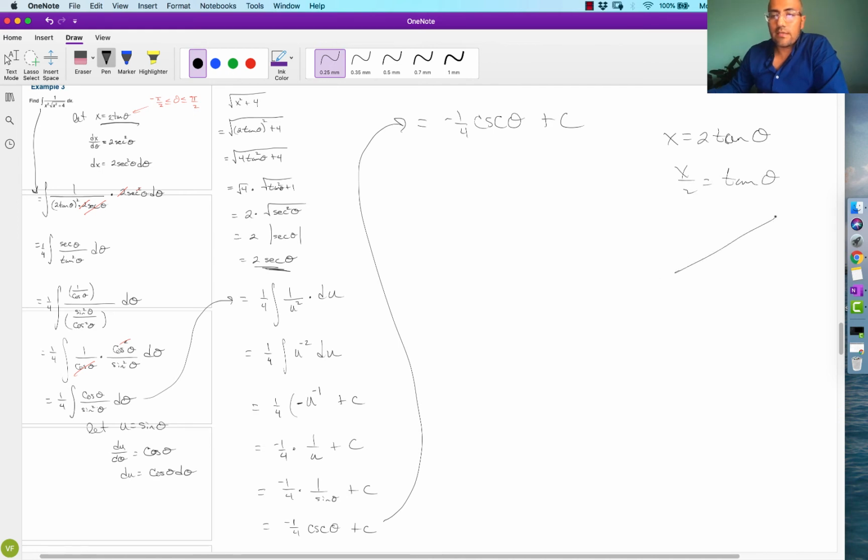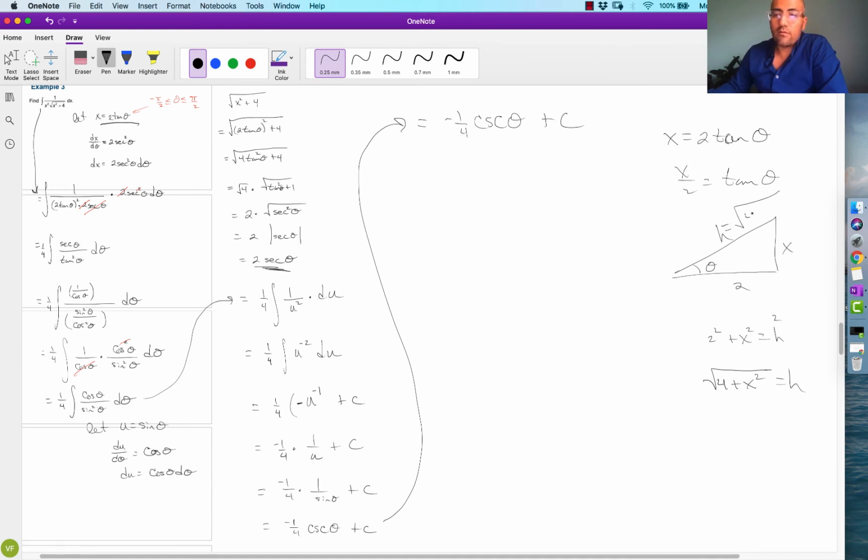If we create a nice little triangle of that, we get theta is this. Tangent is opposite over adjacent, so this is x over 2, and there's a missing value h. So 2 squared plus x squared must be equal to h squared. So square root of 4 plus x squared equals h. Right, so that's what this was.